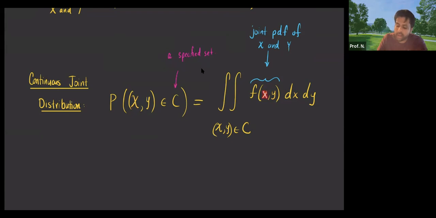So little x are the values of the random variable X, big X, and little y are the values for the random variable Y. I do understand it might seem a bit confusing because it's the same letter, but for random variables, it's case sensitive. So if it's uppercase, lowercase, there is a distinction. Maybe in regular algebra, it doesn't matter, right? The X could be uppercase, lowercase, doesn't matter. But in this kind of field, it does matter.